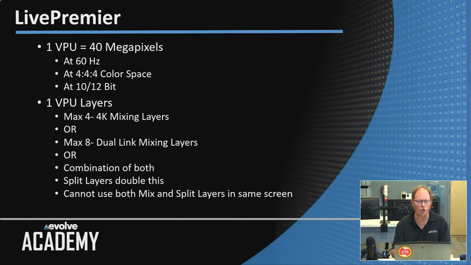Split layers are great for exhibit booths, permanent installs, command and control, where you're not dissolving back and forth between sources. You're literally putting a pip up, and then another preset is a whole bunch of other pips up on the screen. That's where split layers are really handy. So exhibition booths where things are coming and going on the screen without having to transition between sources, split layers work fine.